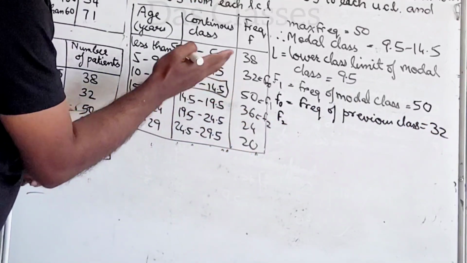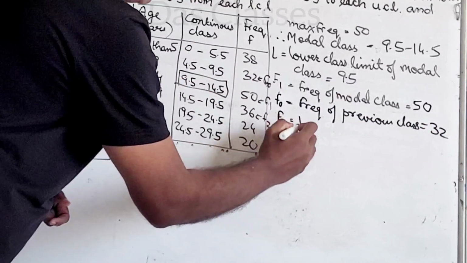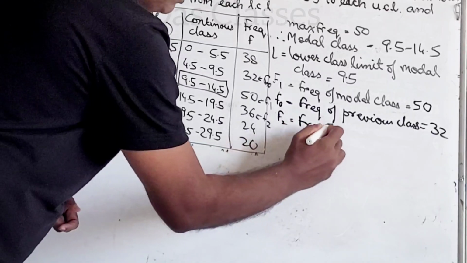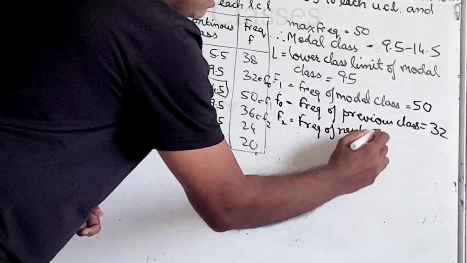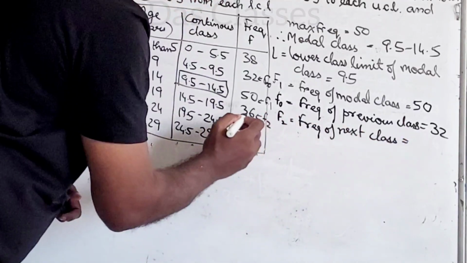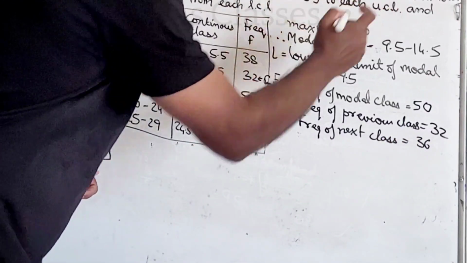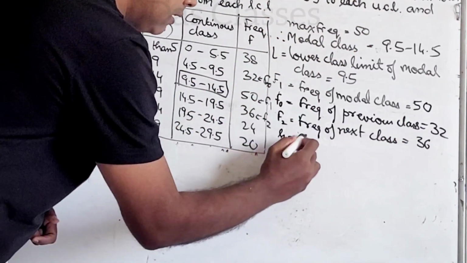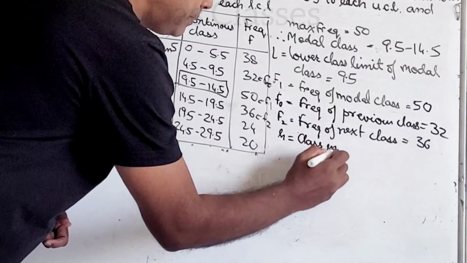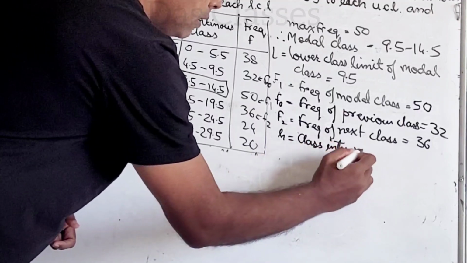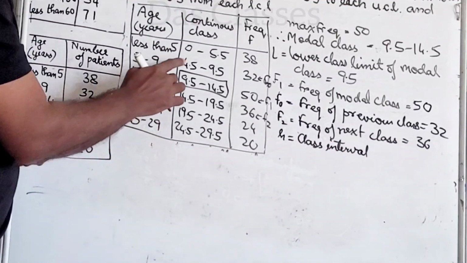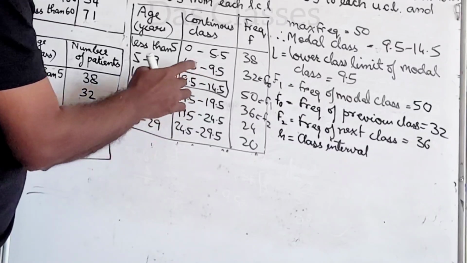F2 is the frequency of the class after the modal class, frequency of the next class, which is 36, and we will require h. h is the class interval. Class interval, as you can see, is 4.5 to 9.5.